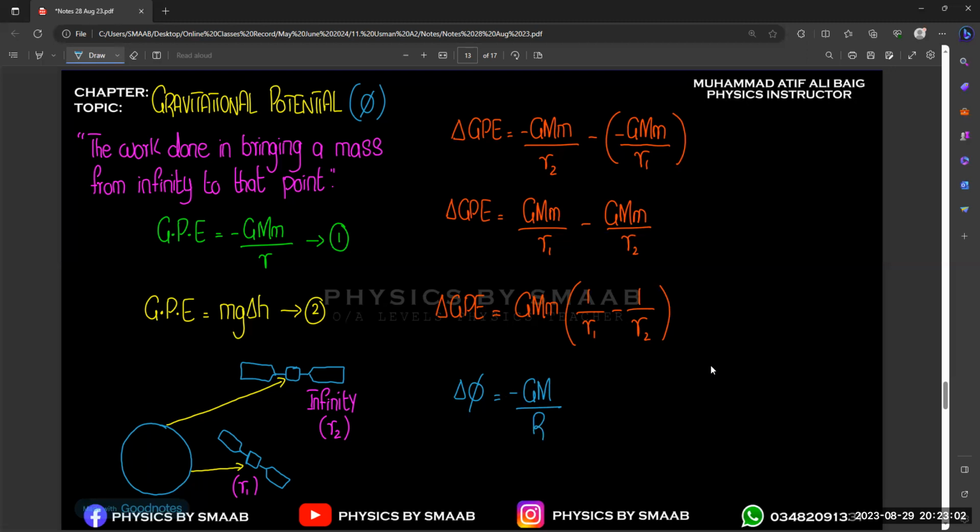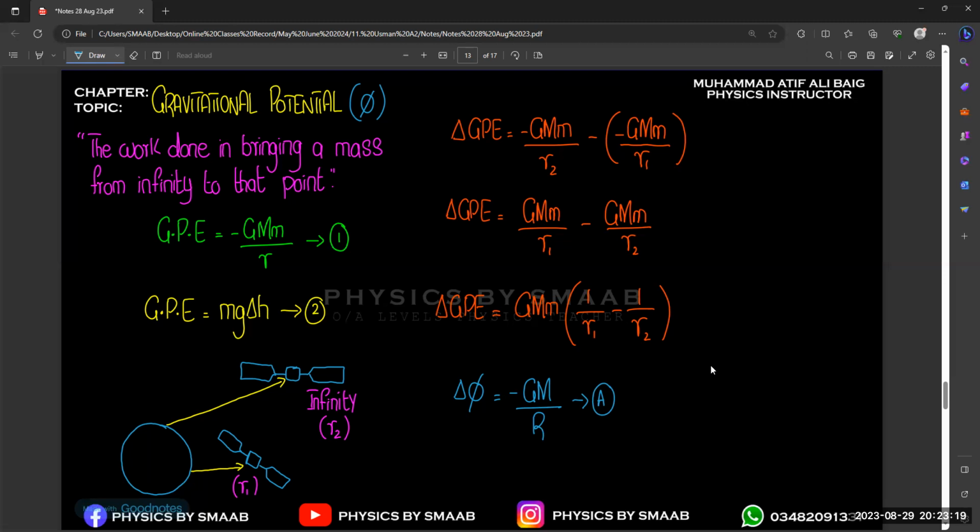So this is the formula for gravitational potential, because we first find out the gravitational potential energy according to the position, just like the simple potential energy concept, and then we apply the concept of only gravitational potential, not energy.